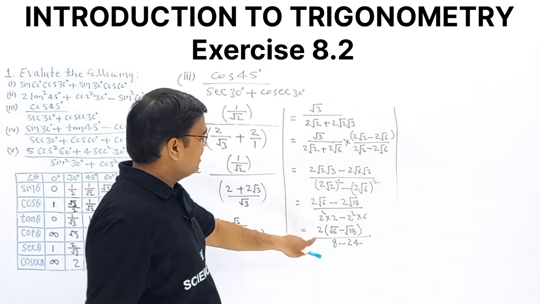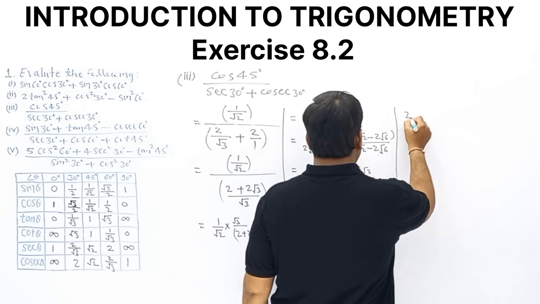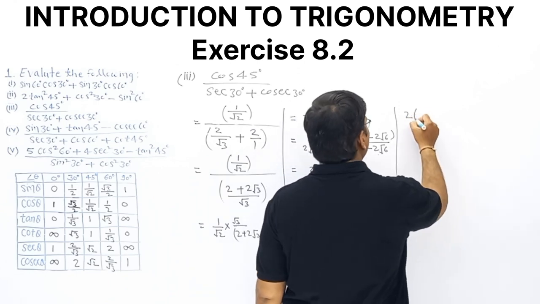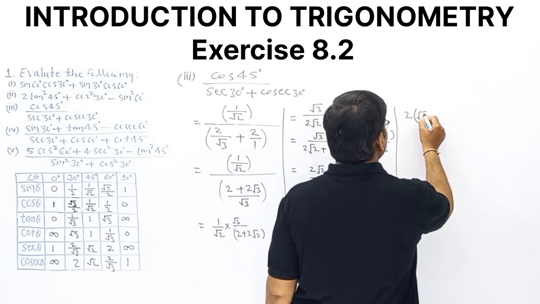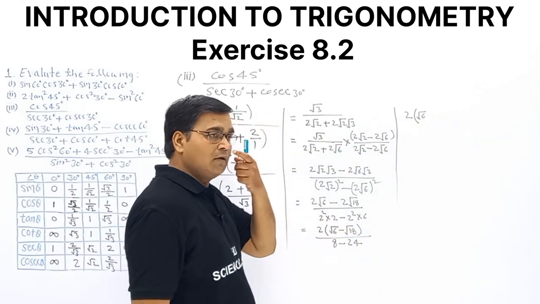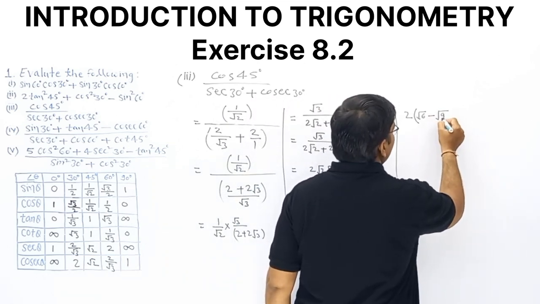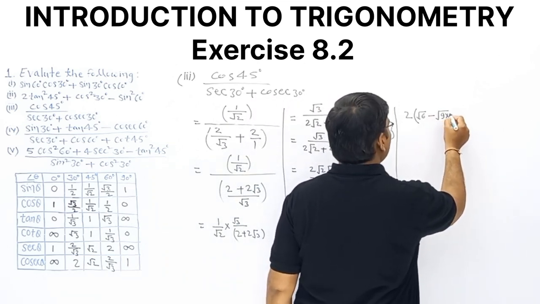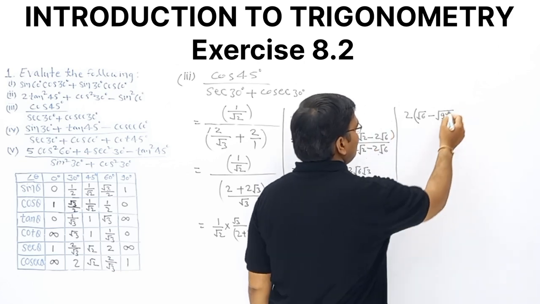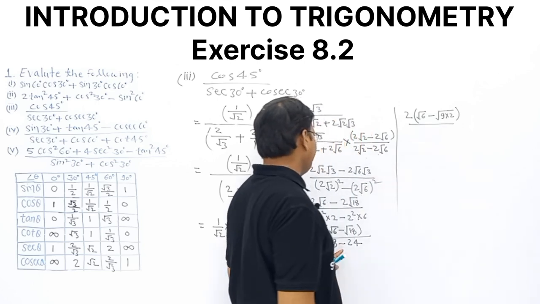Now in the denominator what we are having? 2 into square root of 6. In the numerator we are having 2 into square root of 6, and this one square root of 18 can be written as square root of 9 into 2, divided of what is the remaining?